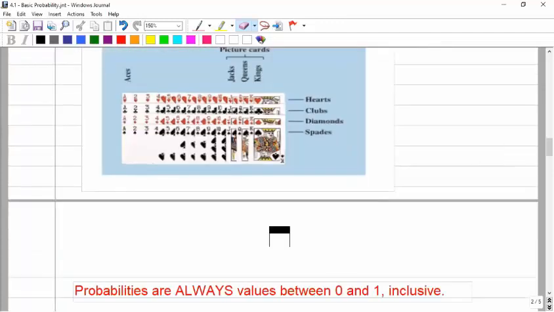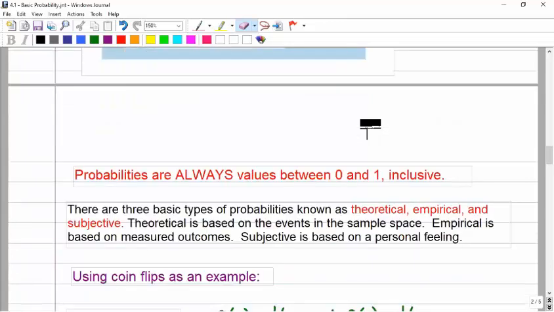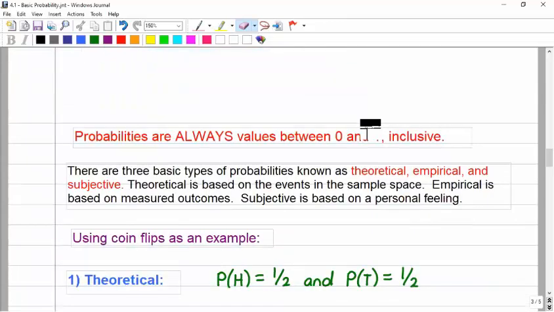Here's what I was mentioning earlier about probabilities being between 0 and 1. We'll come back to that card thing in a minute, but there are 3 basic types of probabilities, known as theoretical, empirical, and subjective.